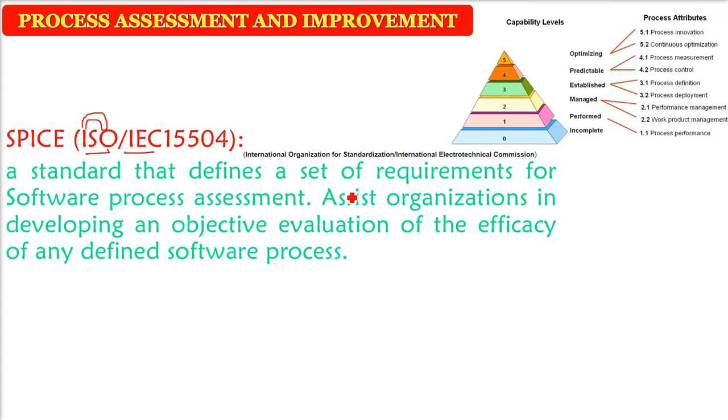It will help the organization in developing an objective evaluation of the efficacy of any defined software process. So you want to evaluate whether your software process is correct or not, what is the level. For that you will be using SPICE. These are the different levels, and as I said, we will be talking in great detail about ISO IEC 15504.